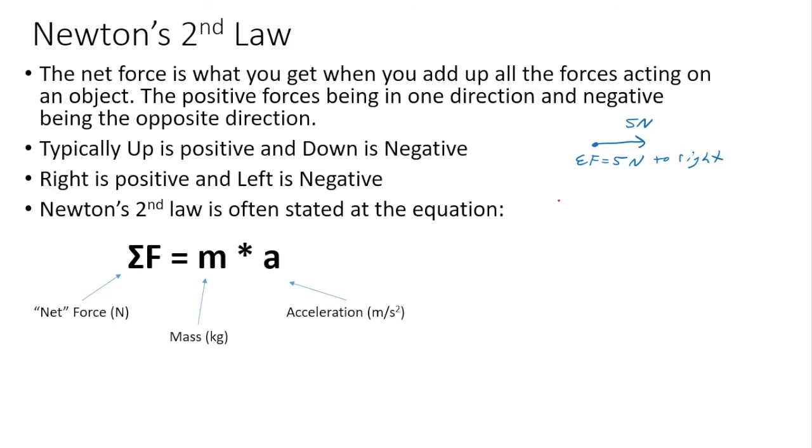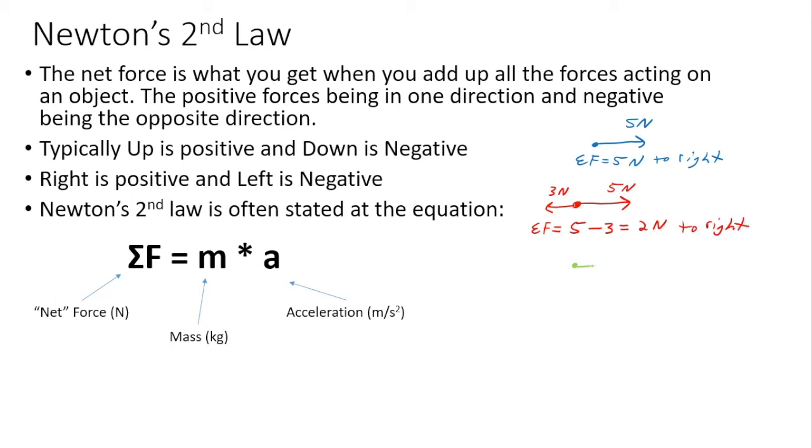Now let's say that we have another problem where possibly we still have that 5 newton force pointed to the right, but we also have a force of 3 newtons pointed to the left. In this case, my net force is going to be equal to the forces pointing to the right minus the forces pointed to the left, giving me an answer of 2 newtons, and I need to make sure that I'm including a direction here to the right.